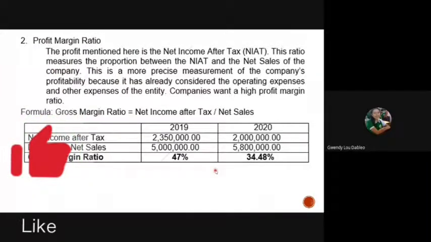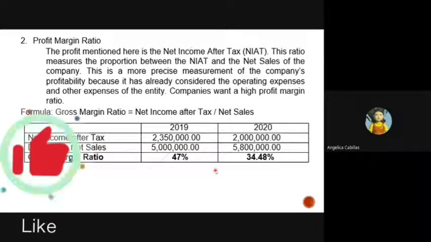Okay, very good. Now let's continue. Profit margin ratio. Kindly read the definition, Angelica. Profit margin ratio. The profit mentioned here is the net income after tax. This ratio measures the proportion between the NIAT and the net sales of the company.